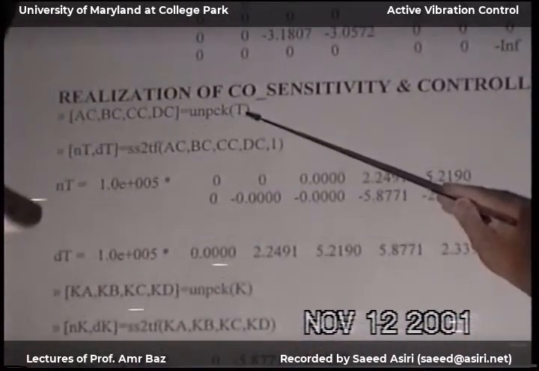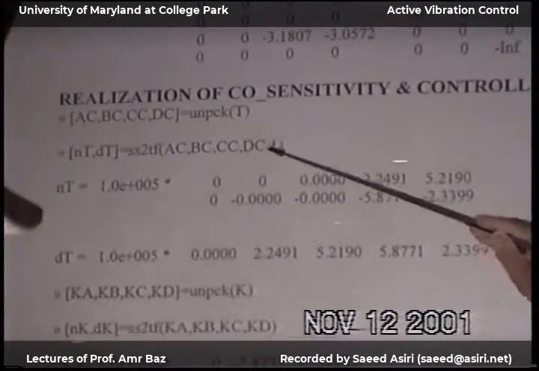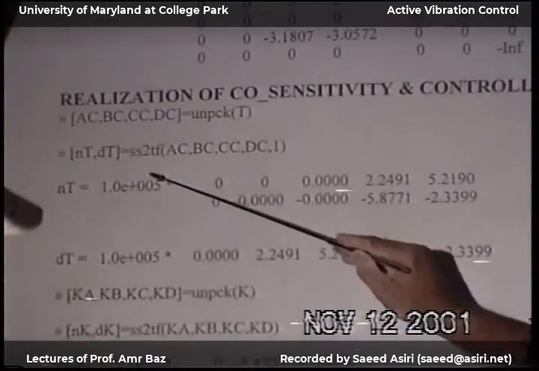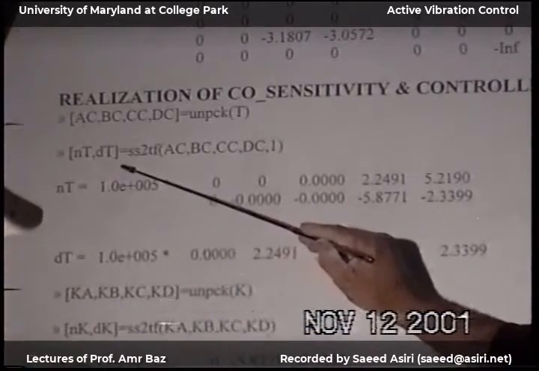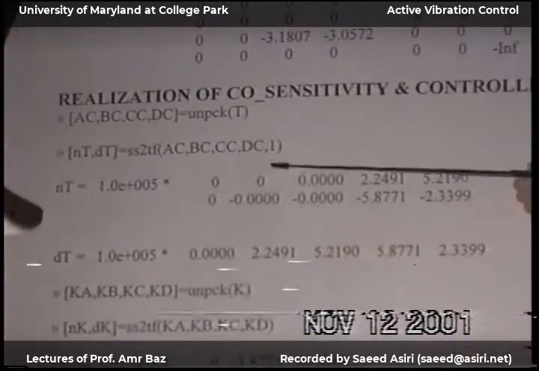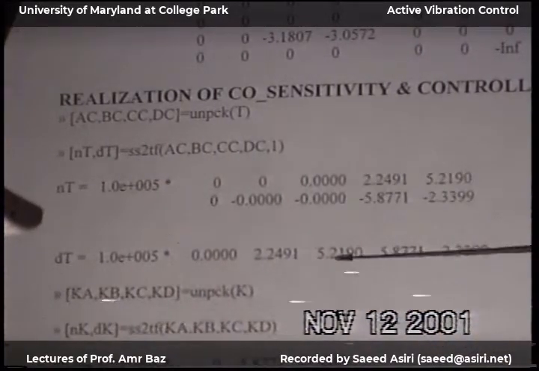Once I unpack them, I have the A, B, C, and D. Then I use the state space to transfer function to get the numerator and the denominator.